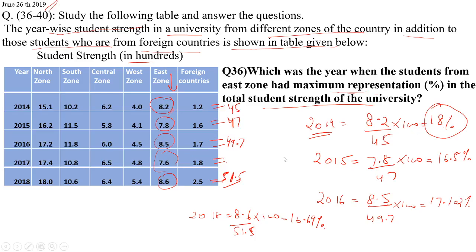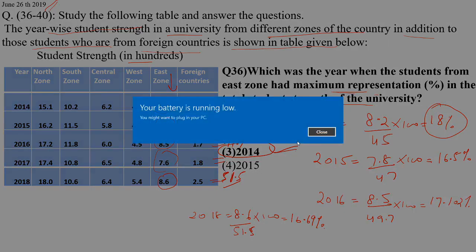So let's see the options. Option number 3 is correct. Hopefully you understand this question, correct? As we have to take out the maximum representation. See, this question is lengthy, so it depends on how much time you have in the exam.